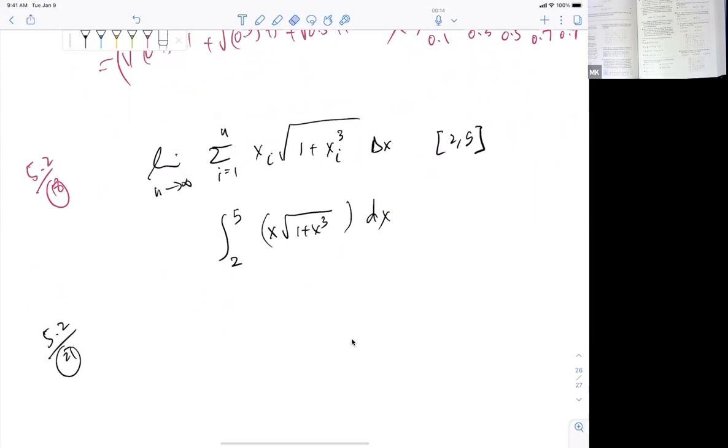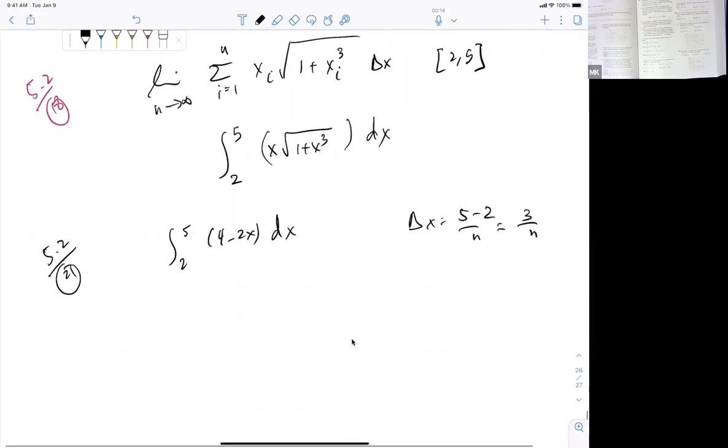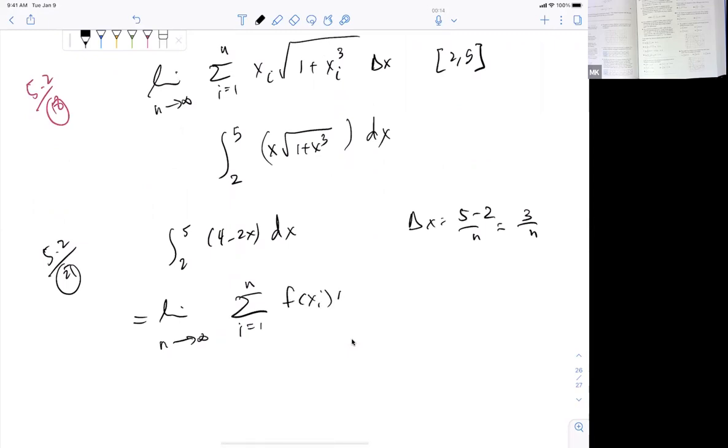The integral is from 2 to 5 of 4 minus 2x dx. Well, delta x is going to be (5 minus 2) over n. The integral is going to be the limit as n goes to infinity of the sum from i equals 1 to n of f of xi delta x.